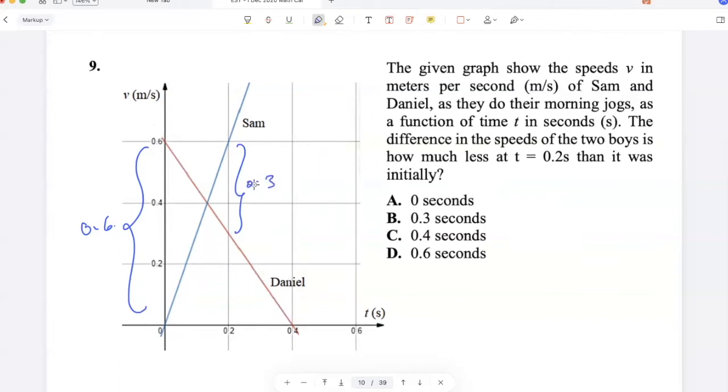So the difference is less by 0.3. The difference in the speeds of the two boys, right? So it should be 0.3 meters per second, right? Not seconds, because we are looking at the difference in speeds. So 0.3 meters per second.